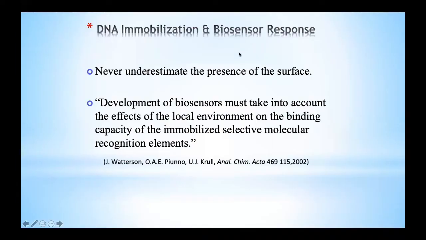Immobilization strategy of biomarker is very important because it will definitely affect the response or the signal generated by the biomarker.